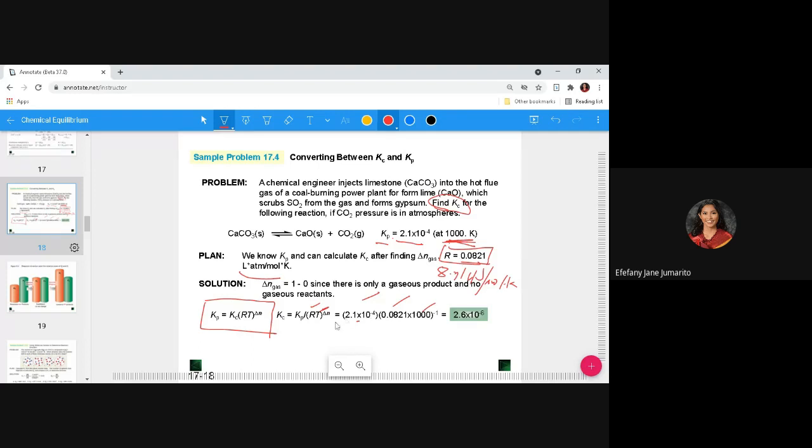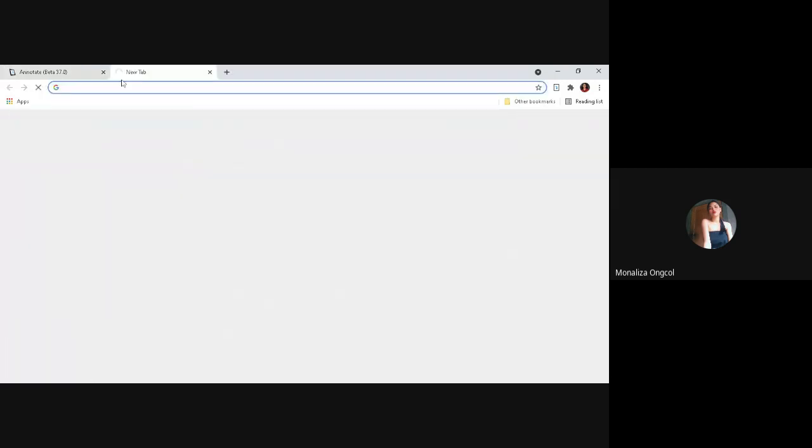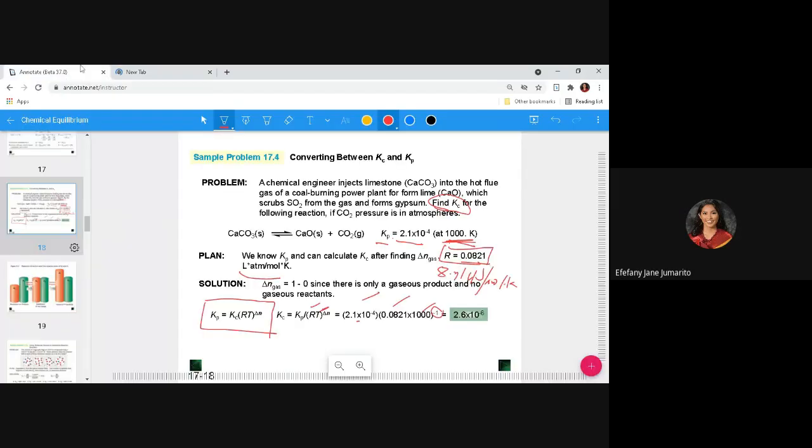Now, why is it 1, your power, class? Why is it 1? Because the coefficients of the reactants are subtracted. Okay, subtracted. So what is the coefficient of the product? 2, ma'am. Is it 2? How many moles of CO2 are present in the product?